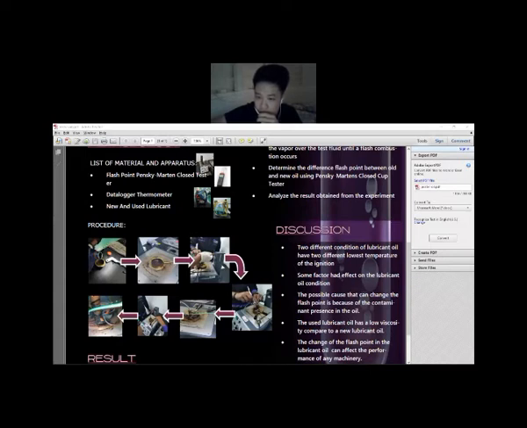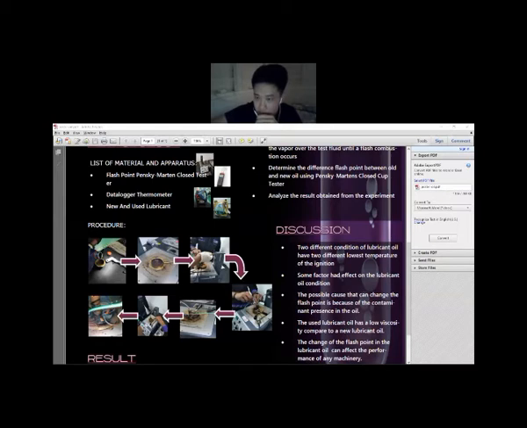If the test specimen is expected to have a flash point above 110 degrees Celsius, the ignition source is applied at each temperature check with an increase of 2 degrees Celsius.